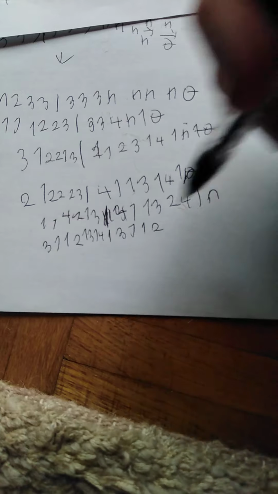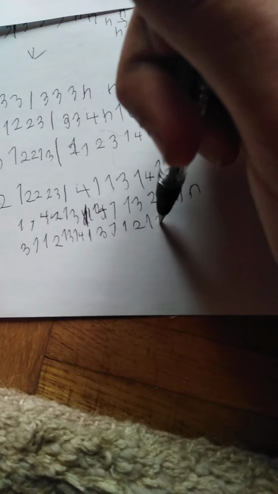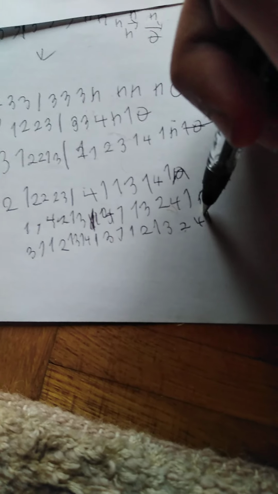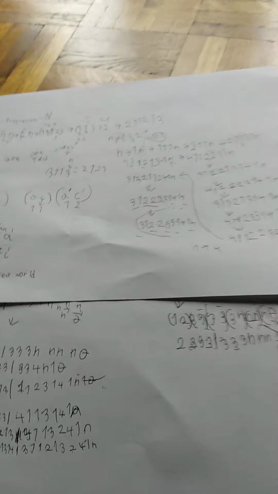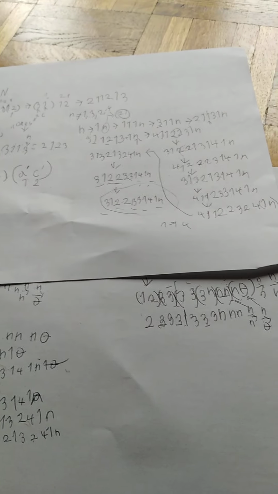What else? Yeah, 1 3. 2 4s and 1 N. Please tell me there's another repeat of this. I don't wanna bother. 3 1 1.